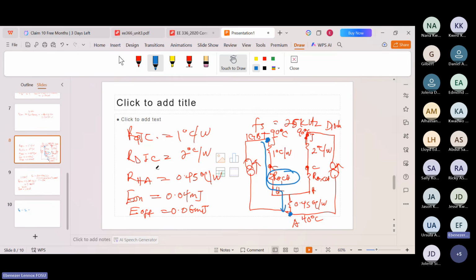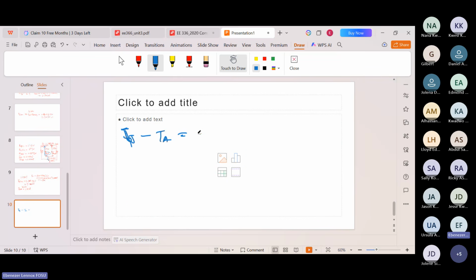So we can use that to write an equation: PQ loss times RQJC plus RQCH, plus the one through the heat sink, which will be RHE times the power loss PQ loss plus PD loss, right?